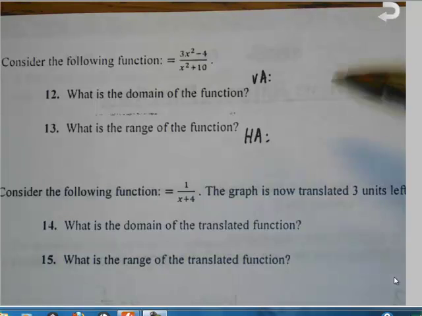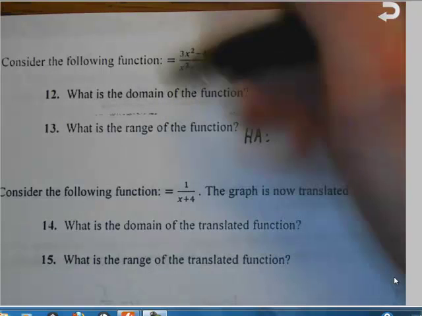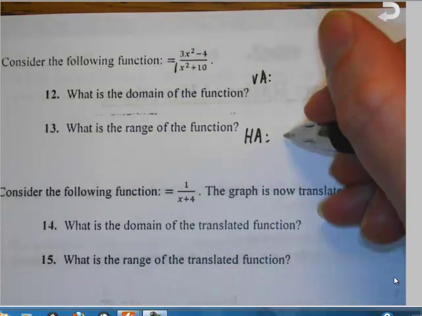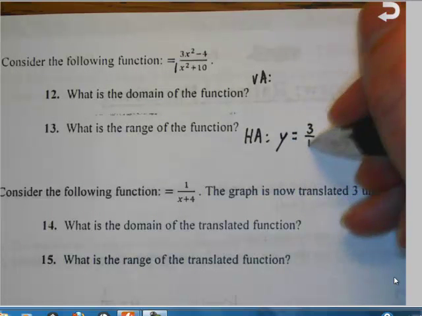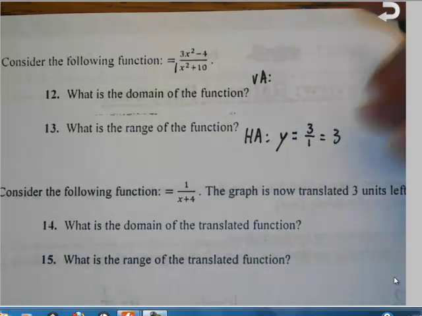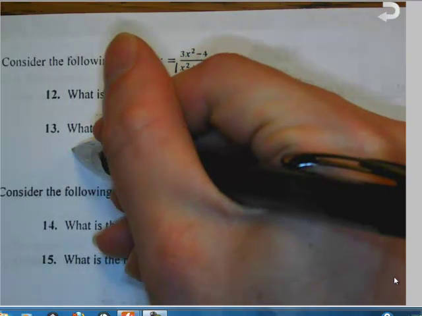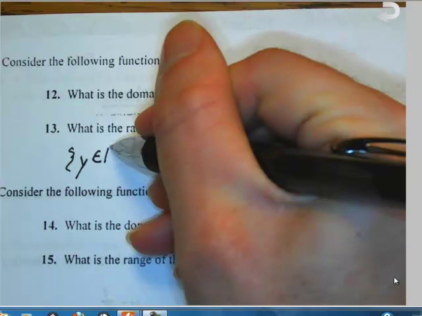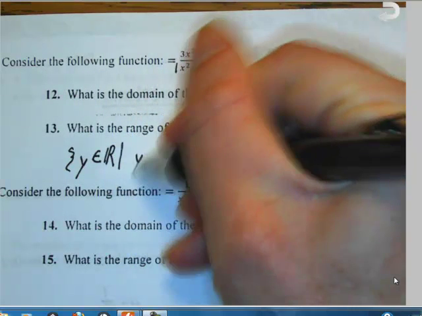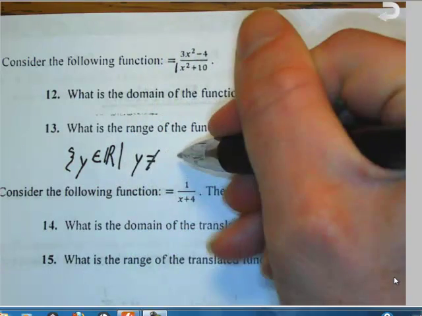Because the degrees are the same, just like on the first page, it's going to be the ratio of the leading coefficients. So that's going to be 3 over 1. So our horizontal asymptote is y equals 3 over 1, or 3. And so we can say that the range of the function is the set of y such that y is real, but y does not equal 3.